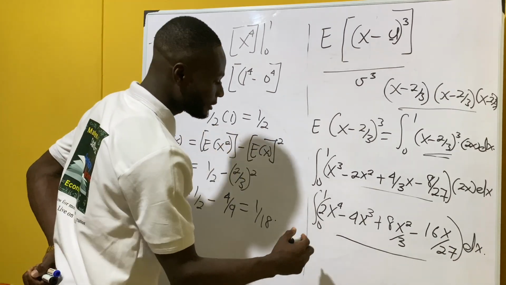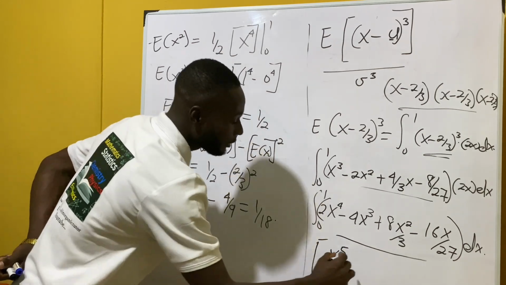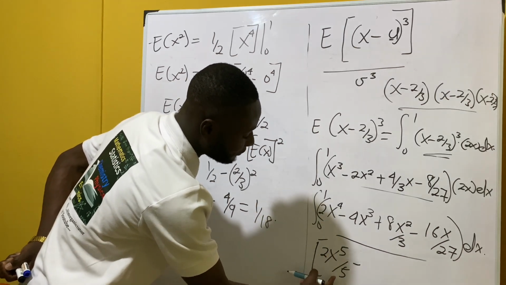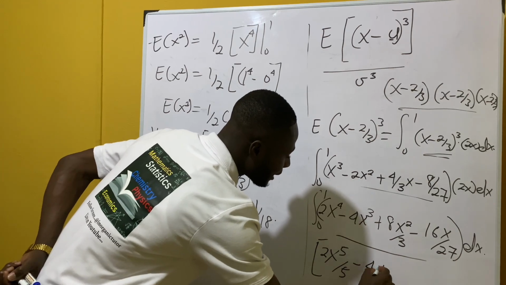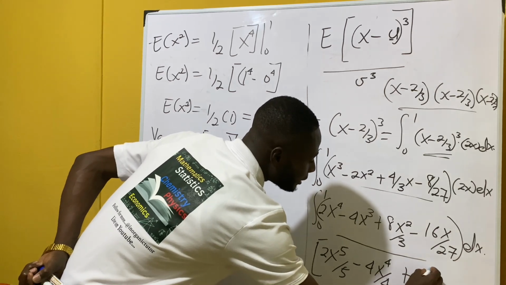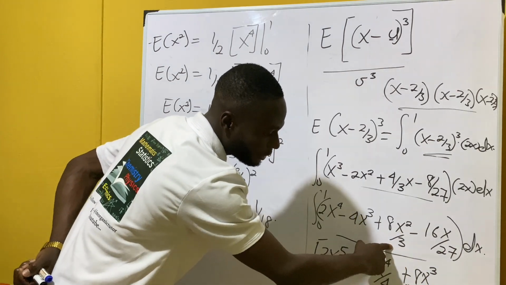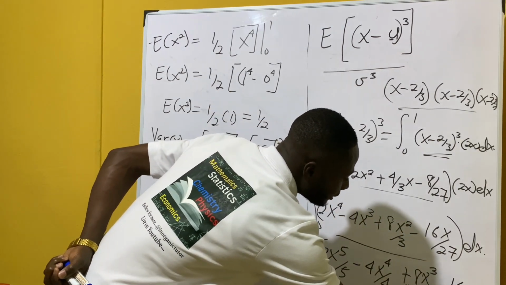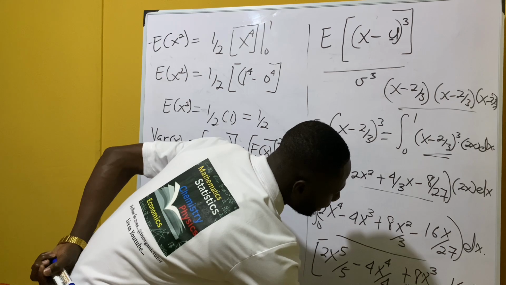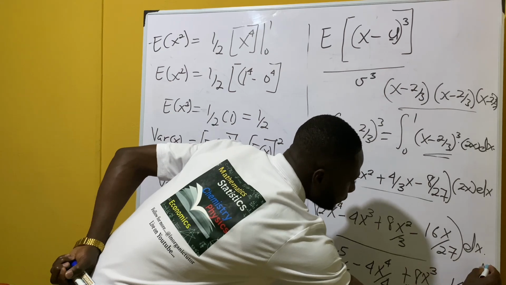When we integrate this, we have x to the power 5 over 5 minus 2x to the power 5 over 5, minus 4x to the power 4 over 4, plus 8x cubed over 6, minus 16x squared over 54, on the limit 0 to 1.